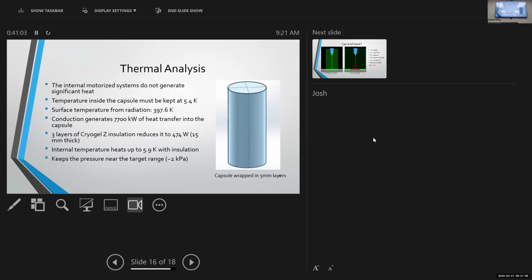I don't know where that heat's coming from. It's not coming from the sun, and it's not coming from any systems on the spacecraft; they shouldn't be generating that much. Well, I think I know the temperature that it heats up to, and I might have to double check the conduction, but are you familiar with solar irradiance? Yeah.